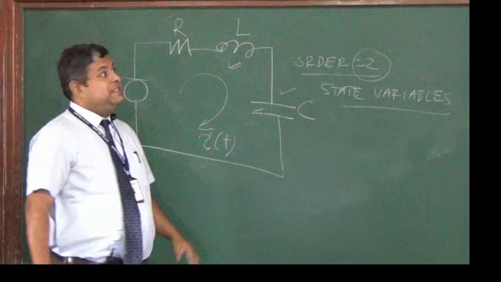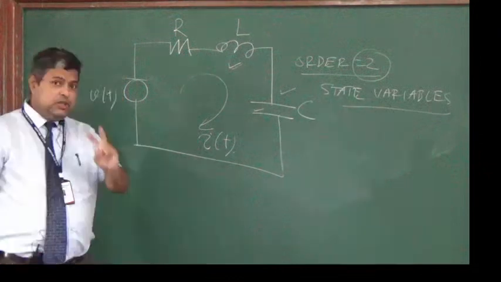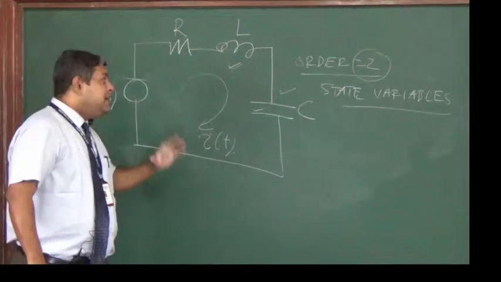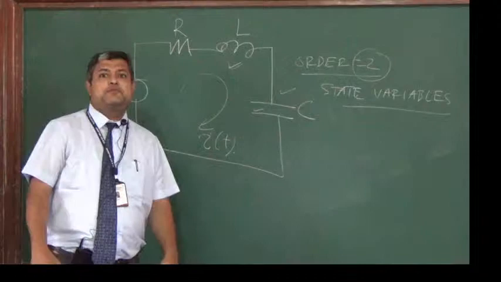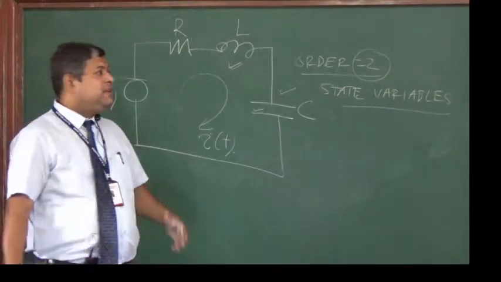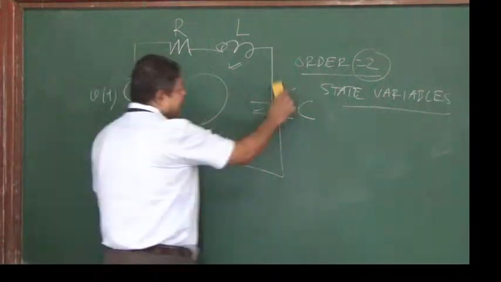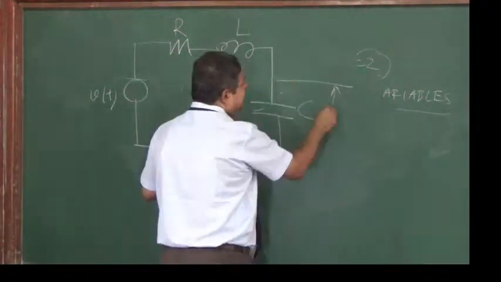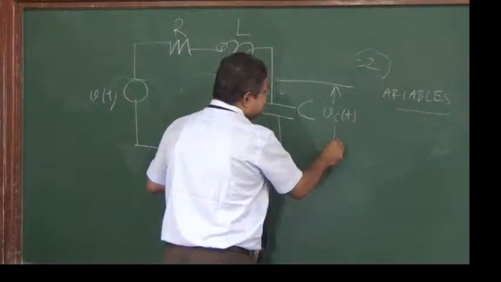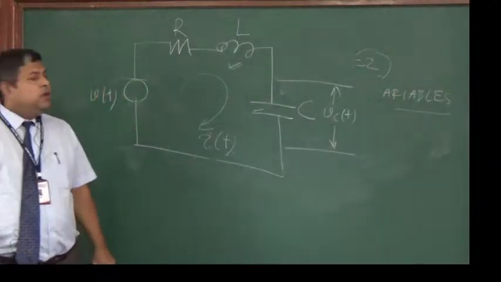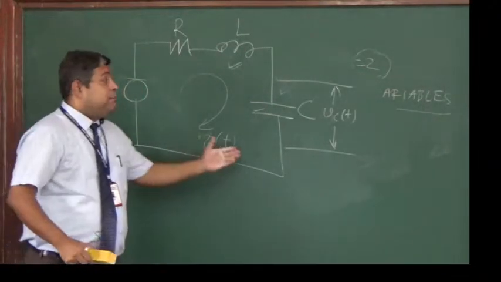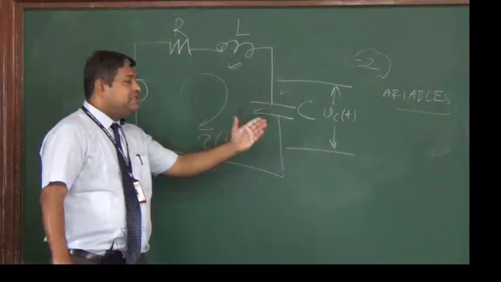The way we define the variables, that way we are going to get the system model. Somebody can take 2 variables and the whole system dynamics can be explained by means of those 2 variables. Which variables can we take? For my ease, the 2 system variables have to be time dependent. One has to be v_C(t). This is one variable which I am defining, capacitor voltage is one state of the system.